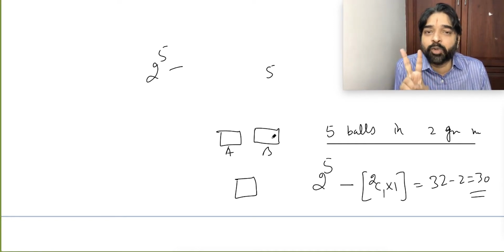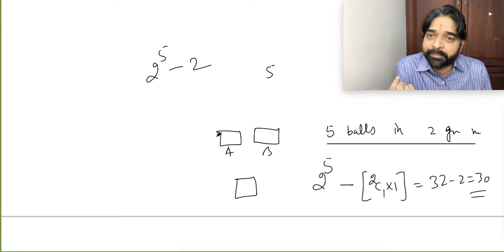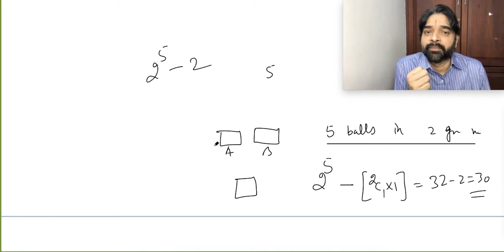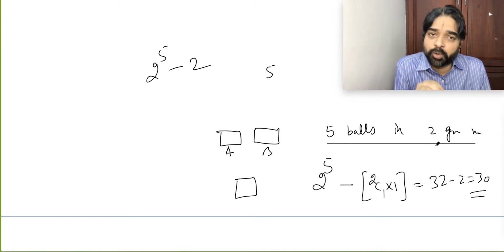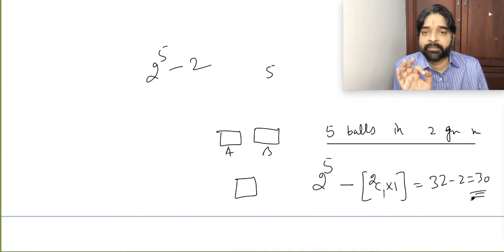So there are only 2 possibilities when the empty group will come. Those 2 possibilities, remove them. Are you able to understand everybody? So 5 balls into 2 groups, if empty group is not allowed, answer will be 30. This point is clear to everybody.